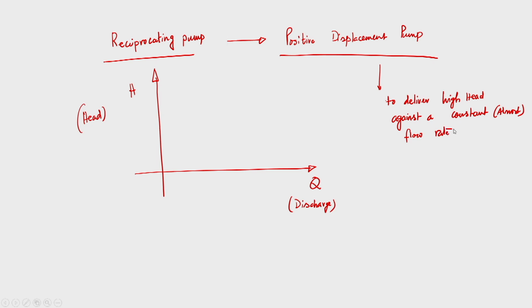This is the characteristic feature of the positive displacement pump. It is normally used to deliver a high head, and the flow rate remains almost constant.